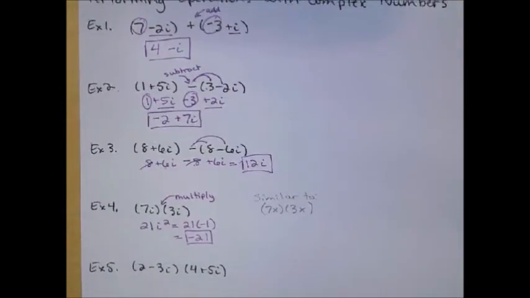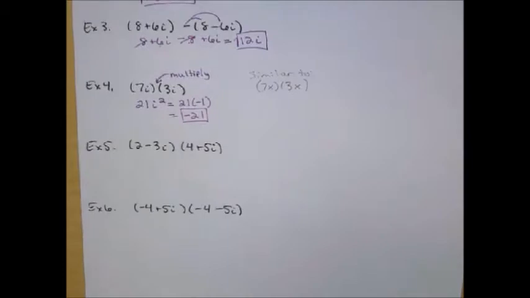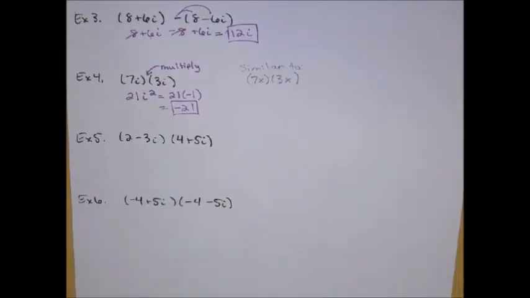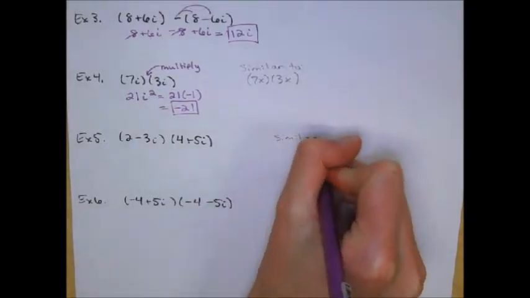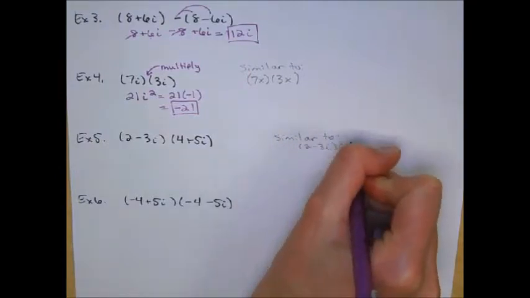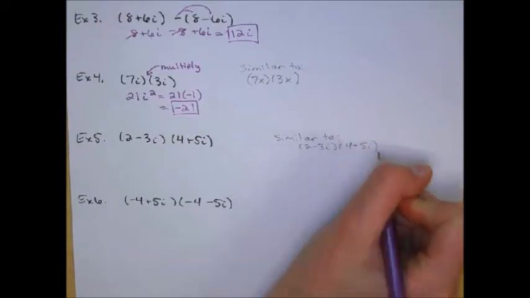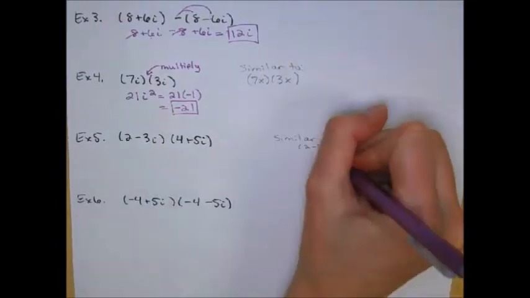Looking at example 5, this is similar to 2 minus 3i times 4 plus 5i. Well, sorry, x's. When we had x's. So how did we do this? We did our rainbows.